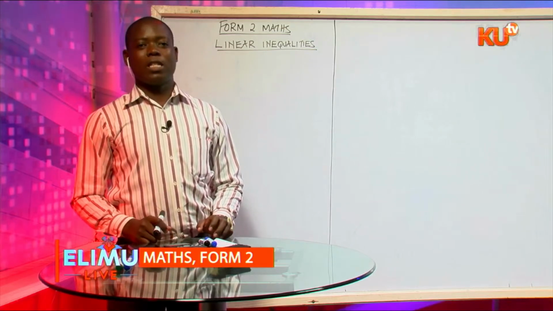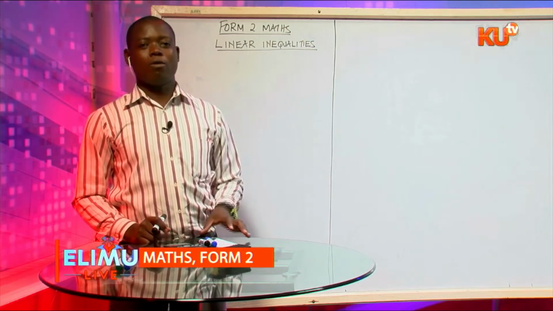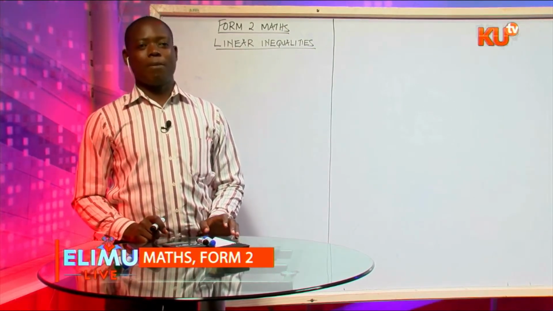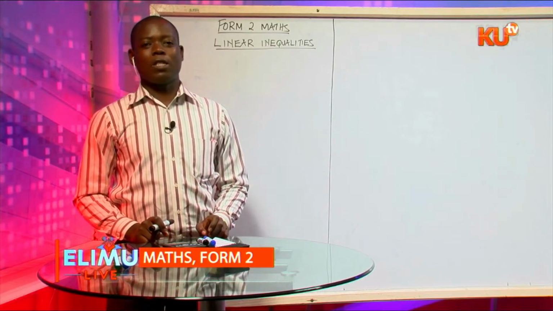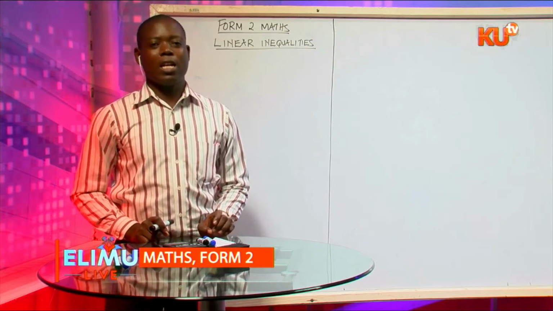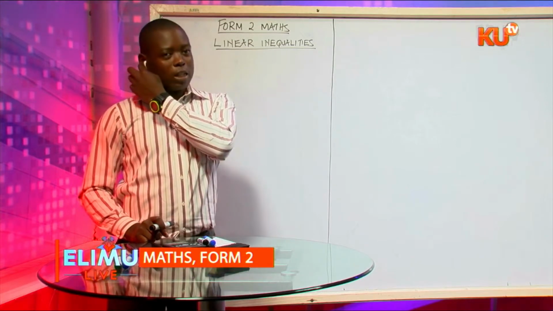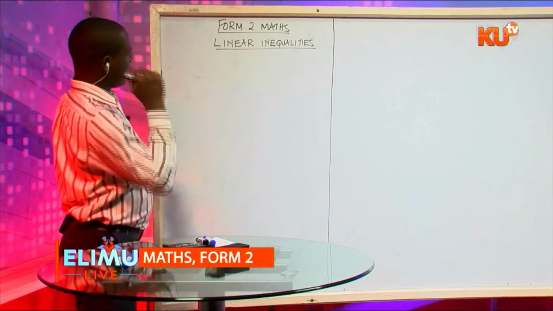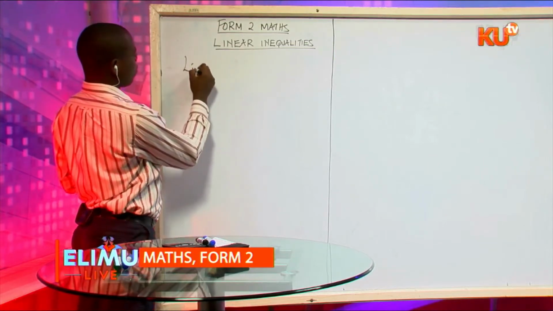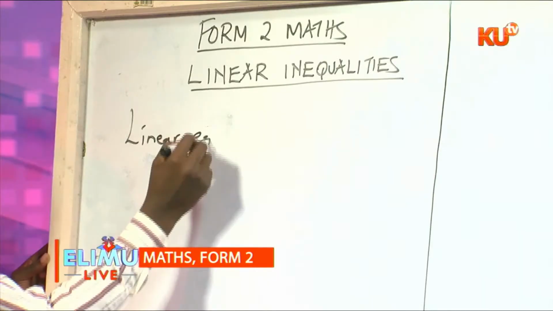Now when you come to linear inequalities, we simply do something small to linear equations to make them inequalities. What we do is substitute the equal sign with the inequality signs or symbols.